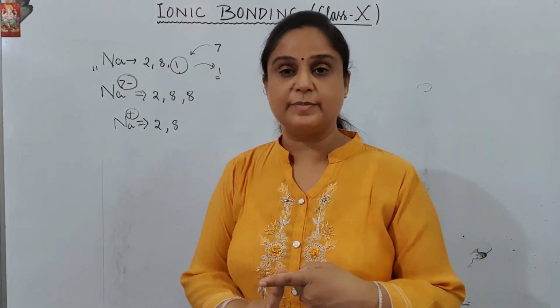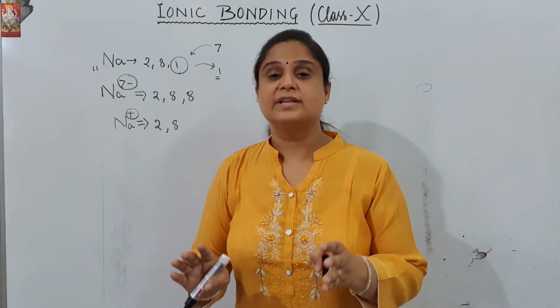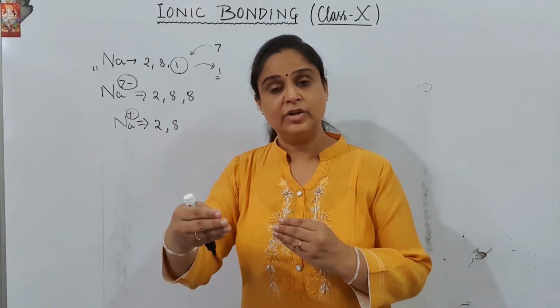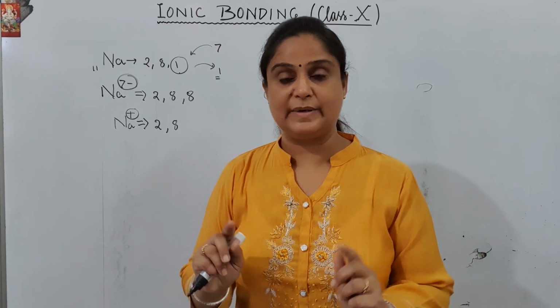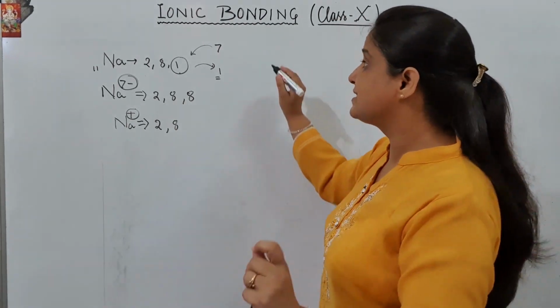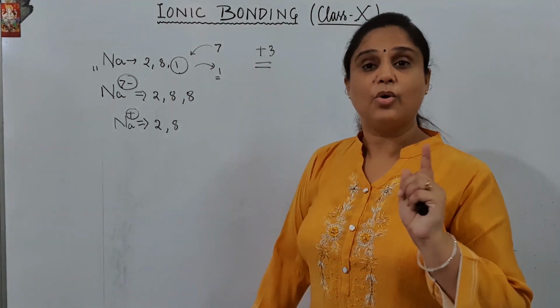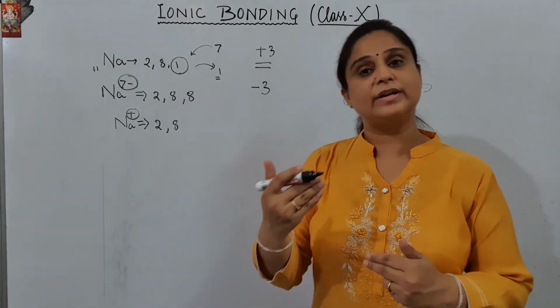It is not possible to get or to give 7 electrons. Only 1, 2 or 3 electrons can be given or taken by any element. So basically you cannot see more than +3 charges on any element, or more than -3 charges on any element.